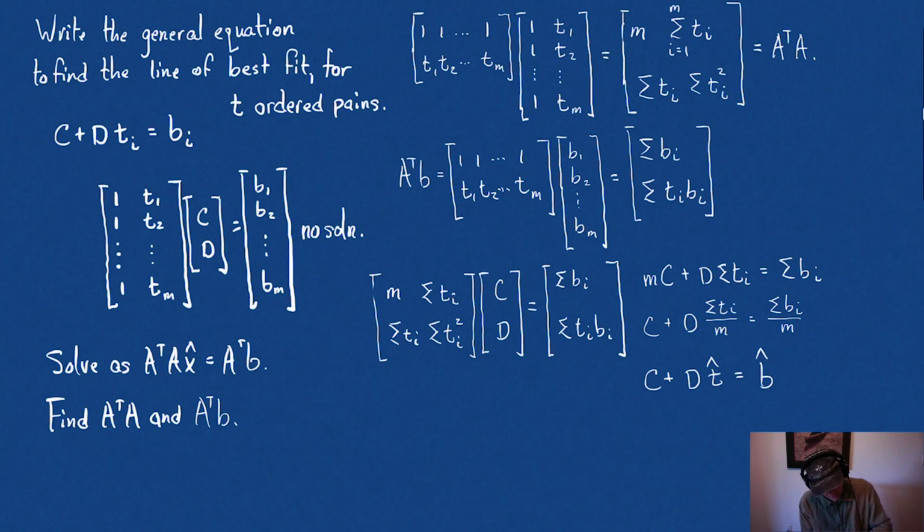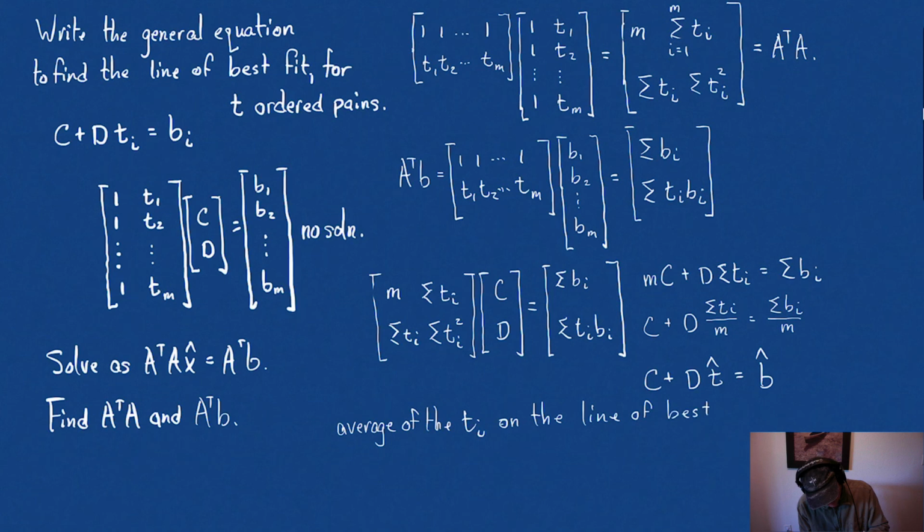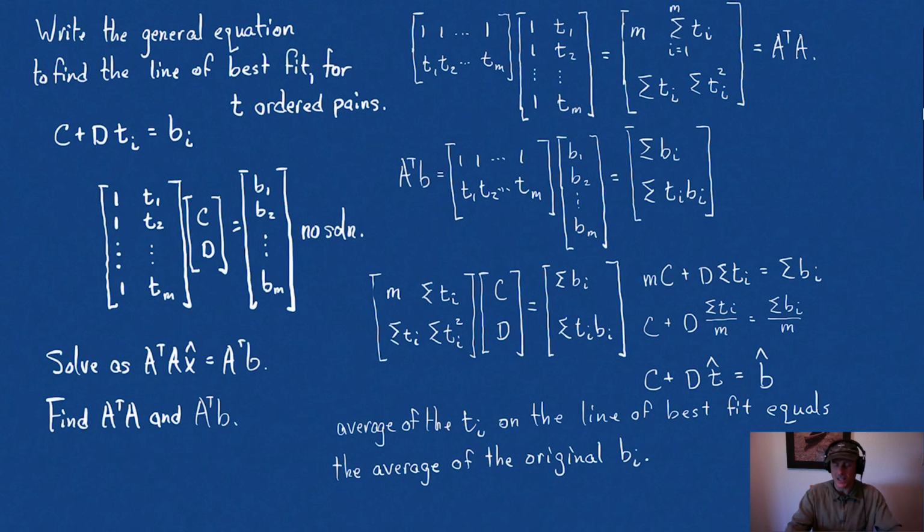In other words, this says that the average of the ti on the line of best fit equals the average of the original b's, bi. That's right, it's built right into the equation itself.